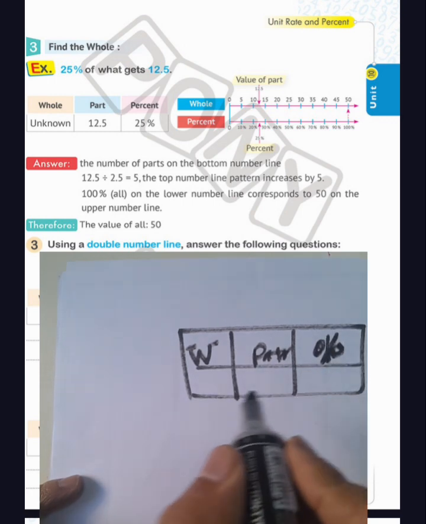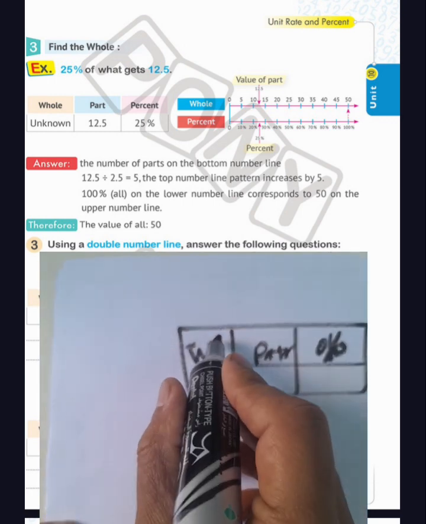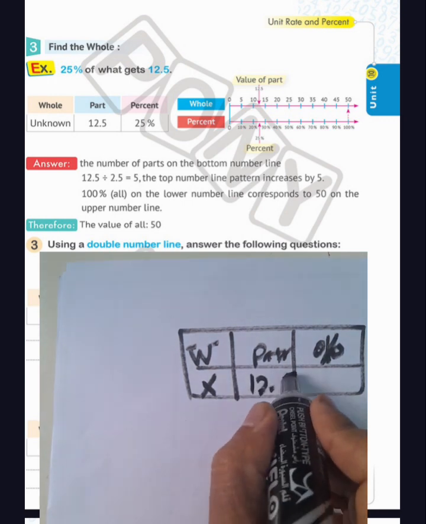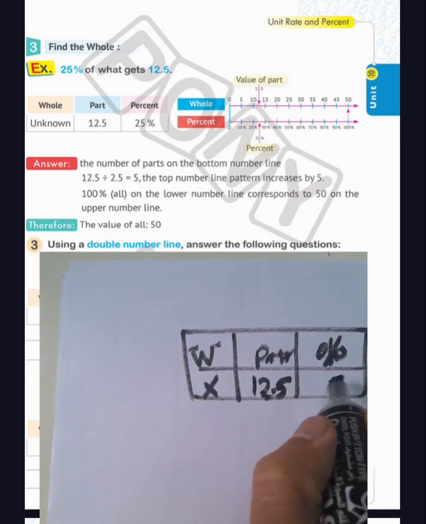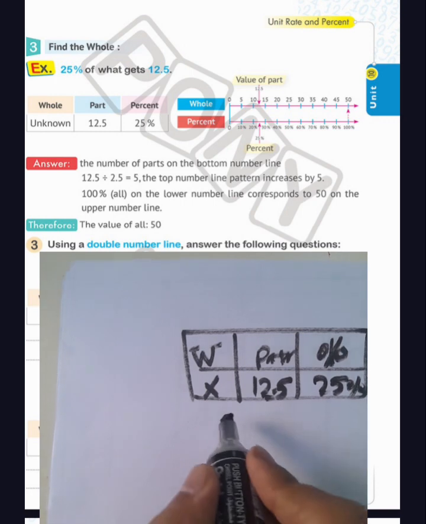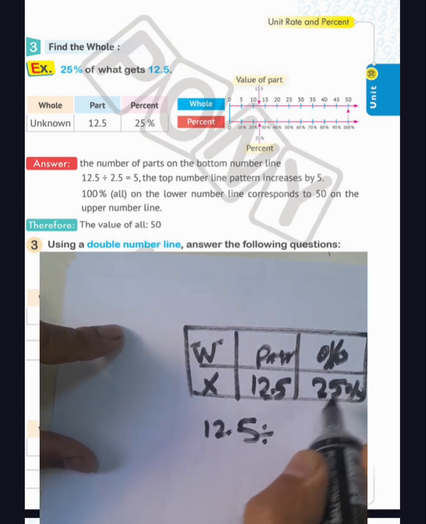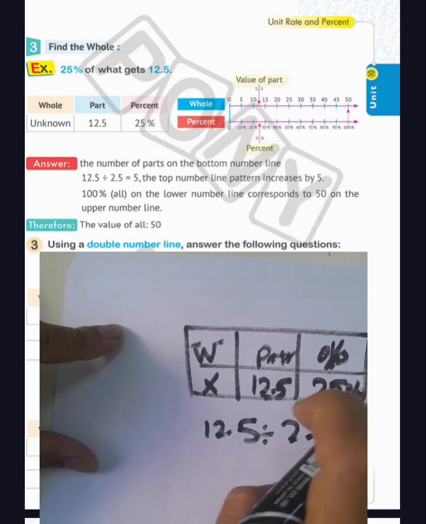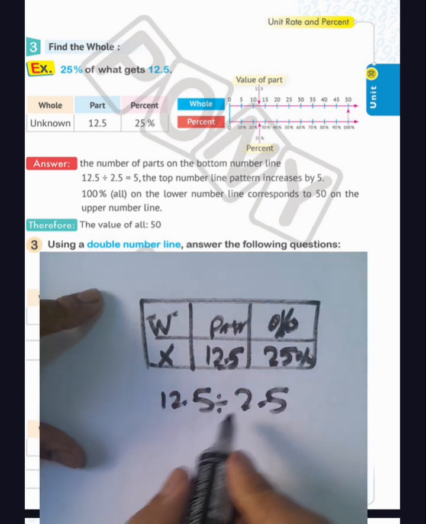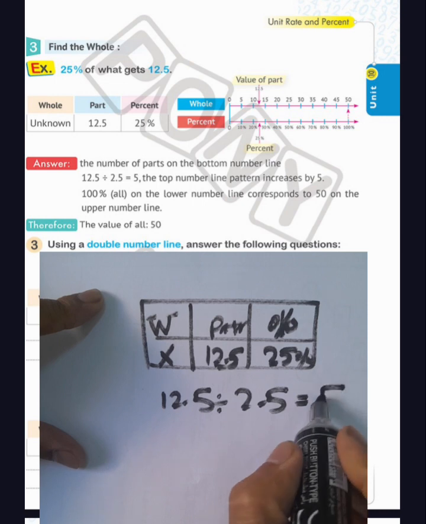Okay, he gives us one unknown number, we don't know it, and the part 12.5, and the percentage was 25%. First step, we find 12.5 divided by 2.5. You must divide the percentage number by 10, and the result between them will be 5.